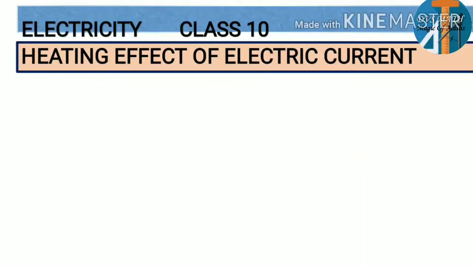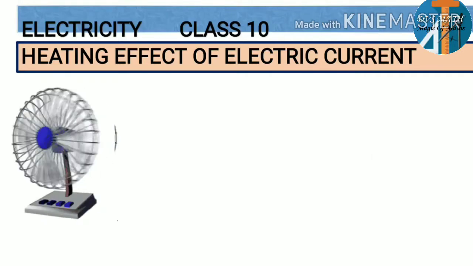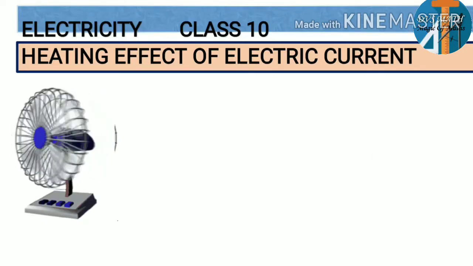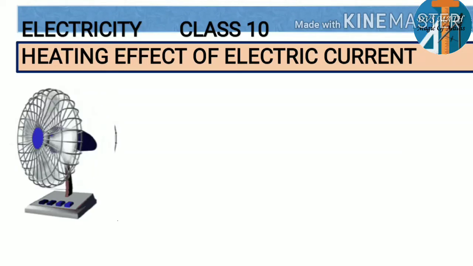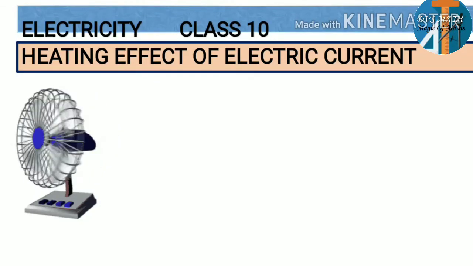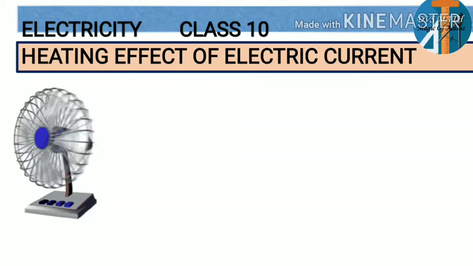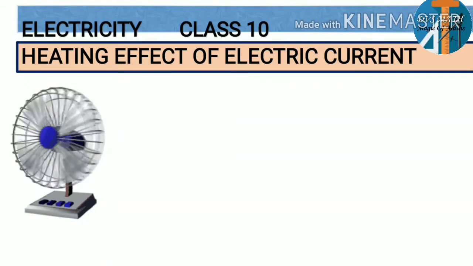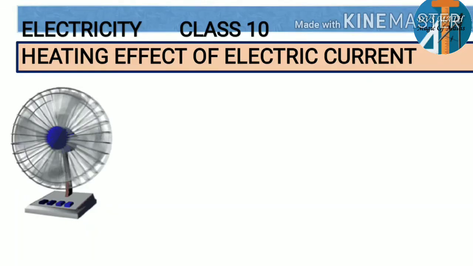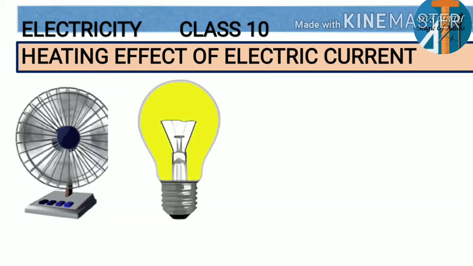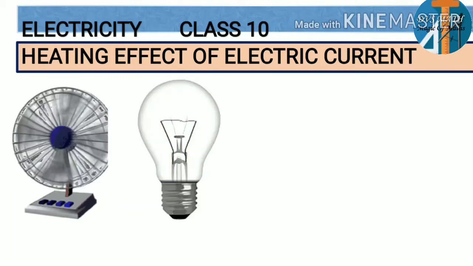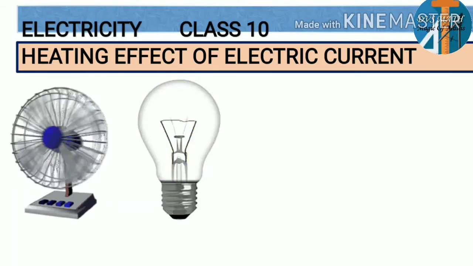Now let us discuss one by one. If you continuously use a fan, after switching off, if you touch the blades, you find that the fan is heated, right? Or if a bulb is continuously glowing, after switching off, if you touch it, you feel that heat is liberated.